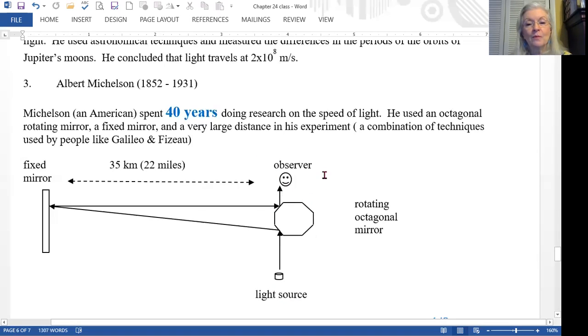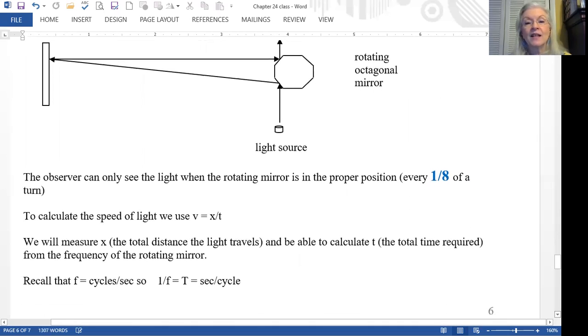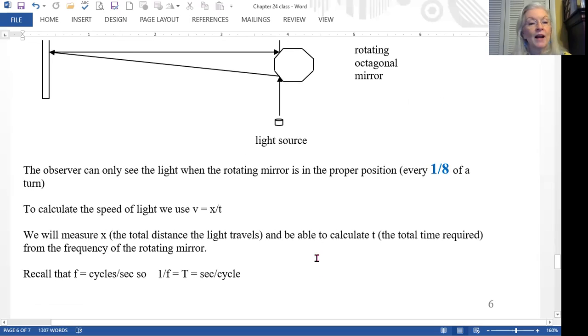The only time the observer can see the light is when the mirror is exactly in the right position, so it would be every 1/8 of a rotation that the observer was able to detect the light. By having the 22-mile distance, over 10 times farther than Galileo was able to use, and by having better ways of measuring time, distance, and speeds of rotation, Michelson was able to come up with a much more accurate value.